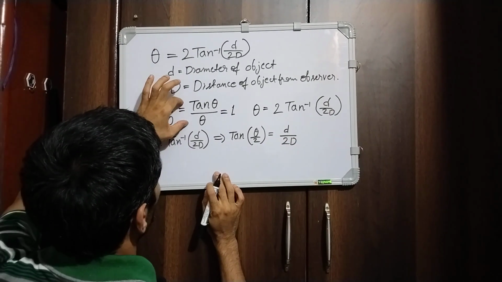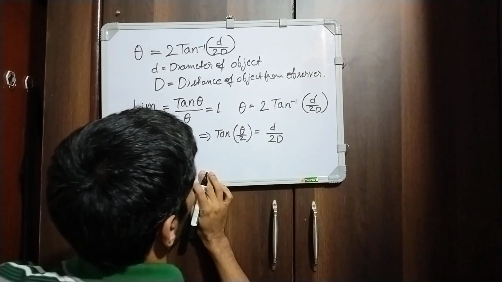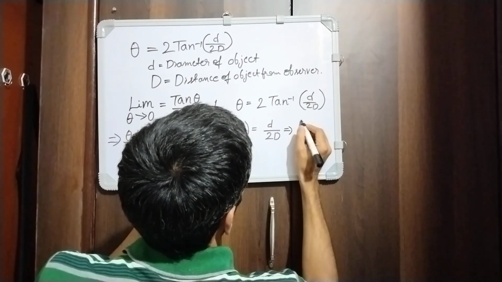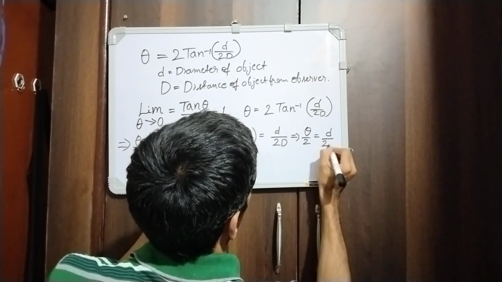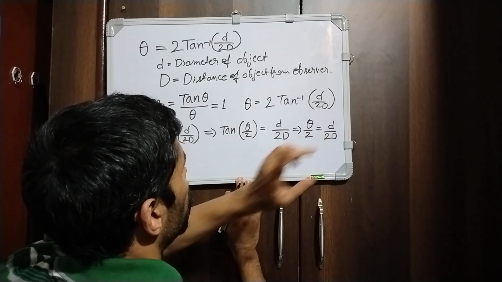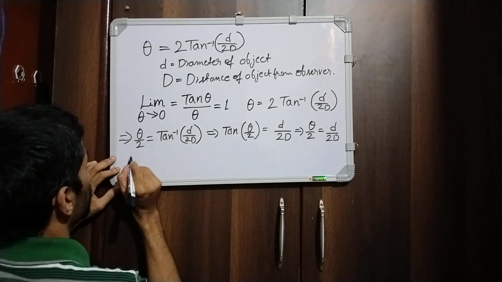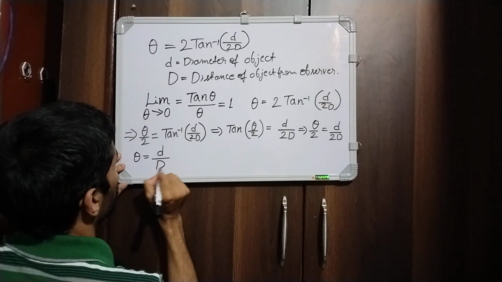Now, by applying this limit, this can also be written as theta by 2 is equal to d by 2D. Now, we can cancel out 2 on both sides. This implies theta is equal to small d by capital D.